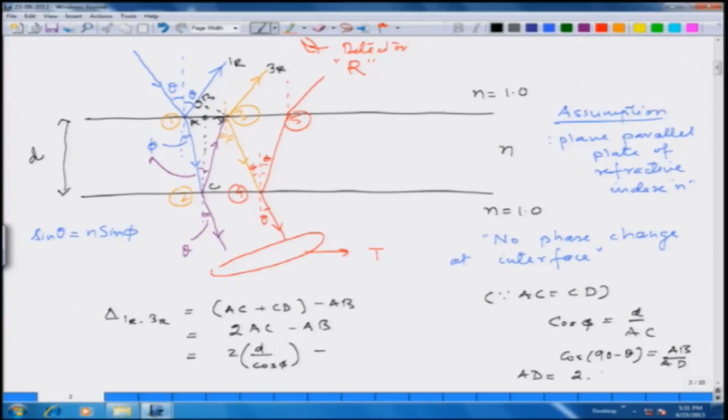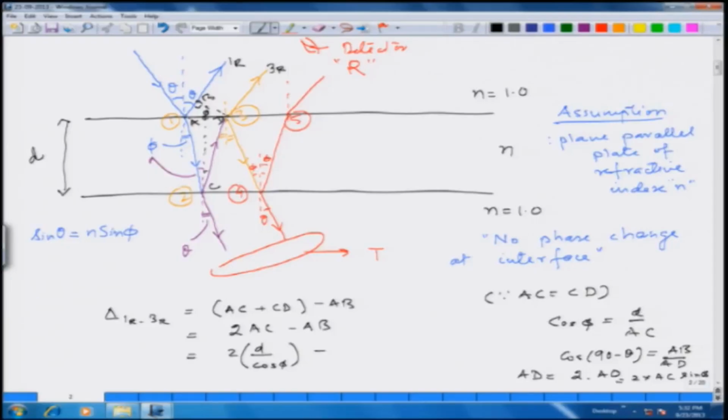Let me first write it in this form: AD is going to be 2 times AO, where let me mark this point as O. And AO is, since sin of phi is AO by AC, AC times sin phi.